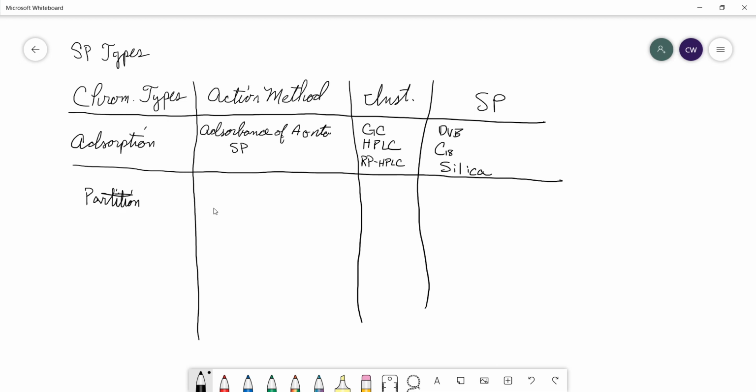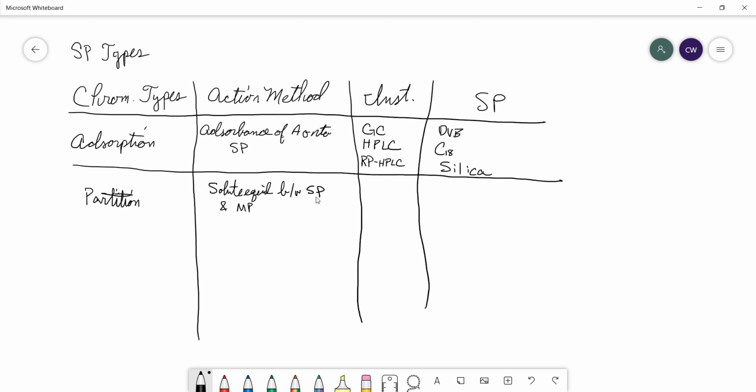Partition chromatography is where our solute equilibrates between the stationary phase and the mobile phase.